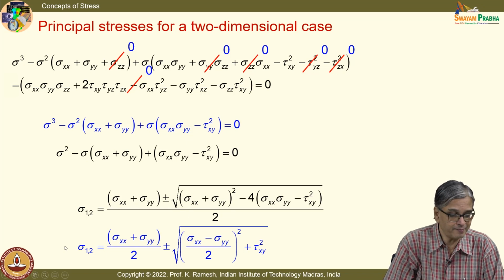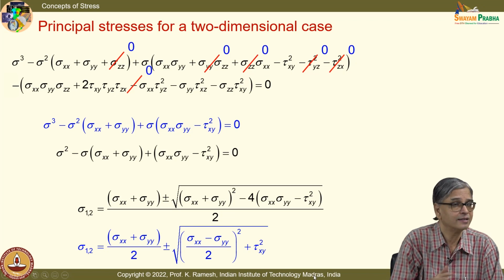So, these are very famous expressions. I have this as sigma x plus sigma y divided by 2 plus or minus square root of sigma x minus sigma y by 2 whole square plus tau squared xy. And from Mohr circle point of view, what is this expression? This was related to the radius of the Mohr circle.